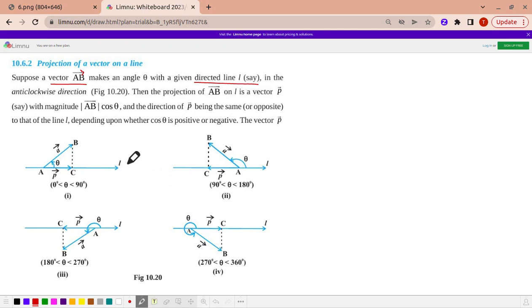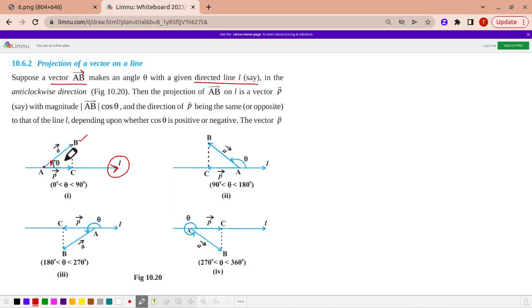In the diagram, this is the directed line L, that is why there is a direction here. The vector is AB, where A is the initial point and B is the terminal point, and L is a directed line. So the direction is this one, and this is the vector AB as you see it here, and the angle between the vector and the directed line is theta, measured in the anti-clockwise direction.